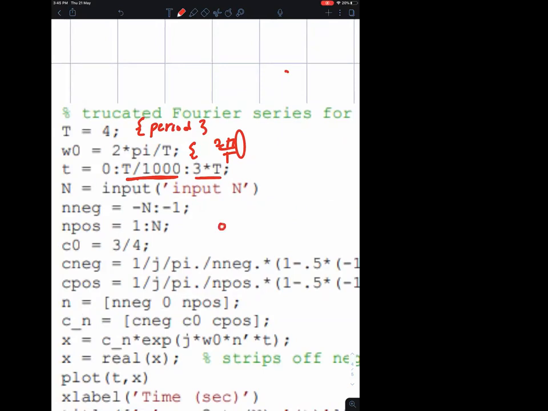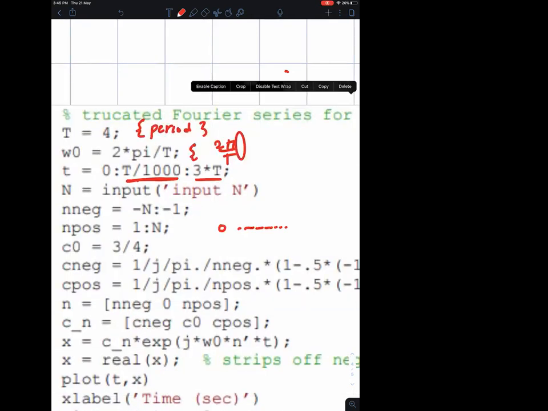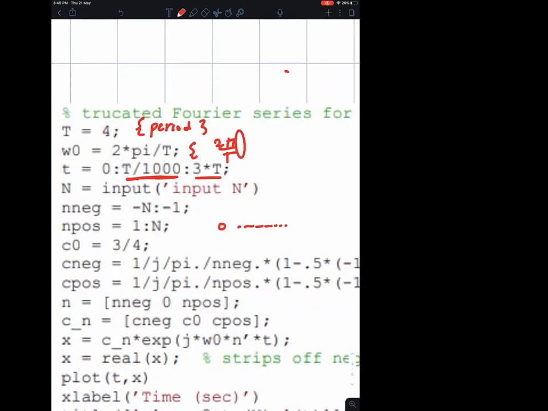So you start at 0 and keep increasing the step. The smaller the step, the better the resolution, until you reach the final value for the time, which is 12 seconds. 3 times 4 is 12 seconds.